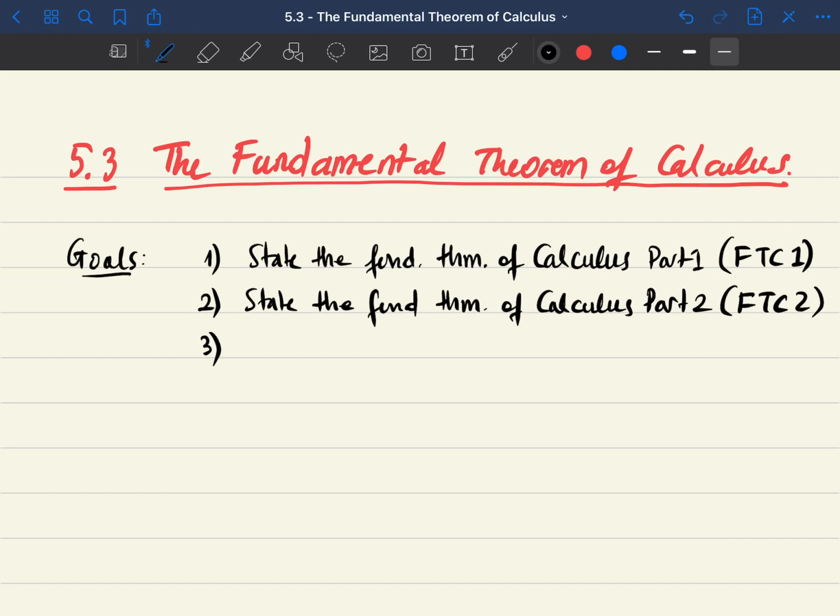So we're going to use FTC1 and FTC2, and we're going to show how useful this theorem is. Both parts are used in examples. So use FTC1 and FTC2 in examples.